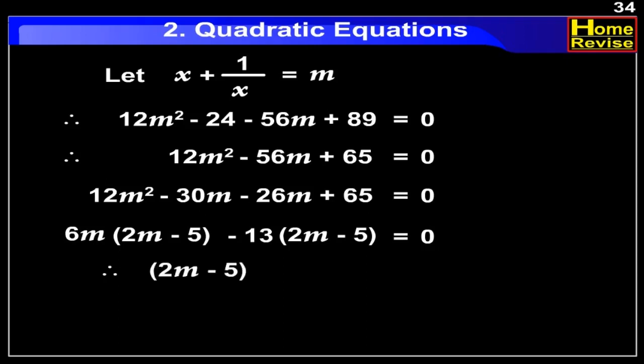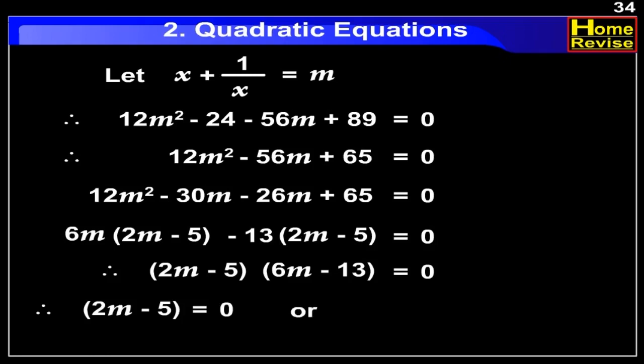Therefore, (2m − 5)(6m − 13) = 0. Therefore, 2m − 5 = 0 or 6m − 13 = 0.